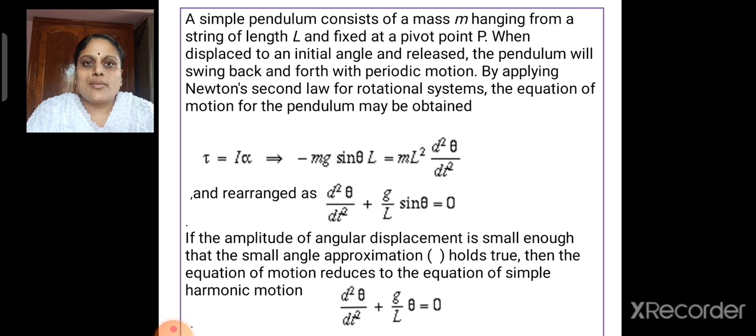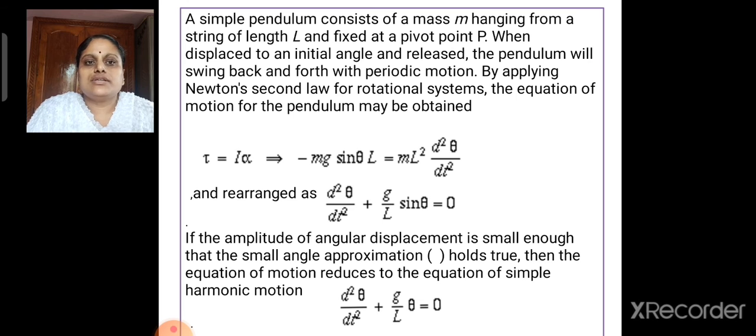Substituting for moment of inertia and angular acceleration alpha, we get tau equals m L squared d squared theta by dt squared. It is equal to minus mg sin theta times L, where mg sin theta is the component which helps in producing the restoring torque.